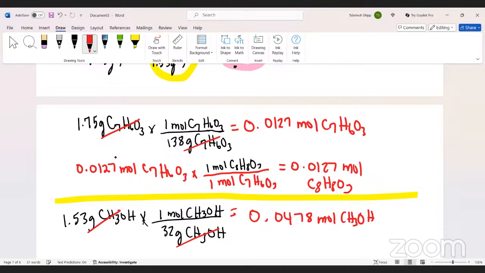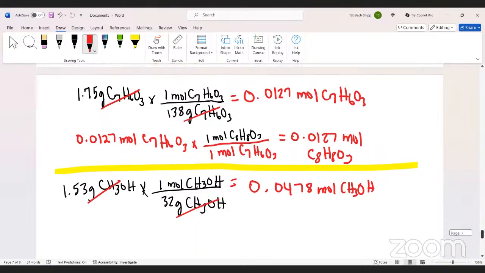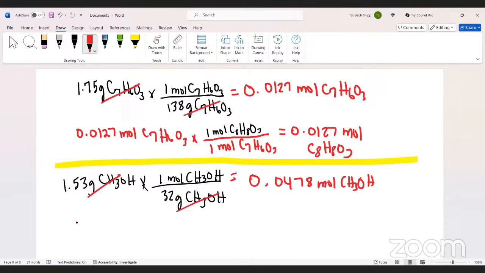Now remember, we've got to now compare that number to the moles of C8H8O3. Okay, so 0.0478 moles of CH3OH times.